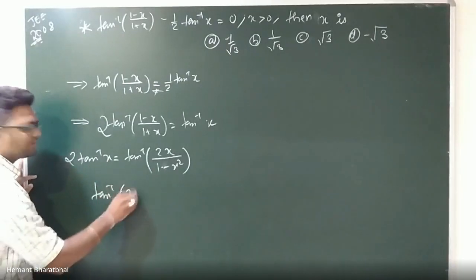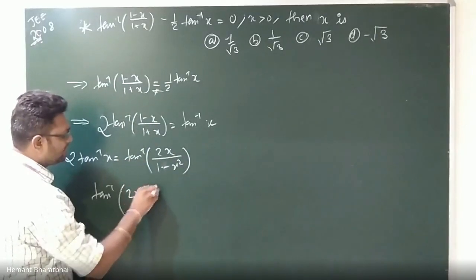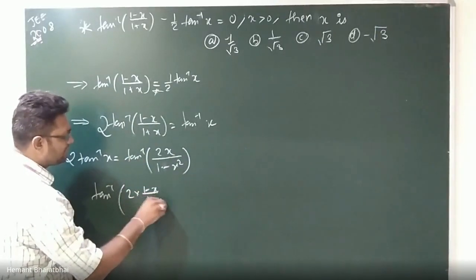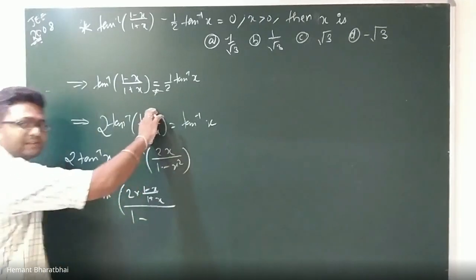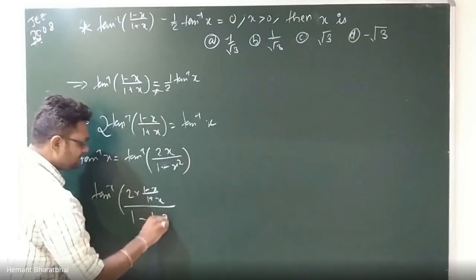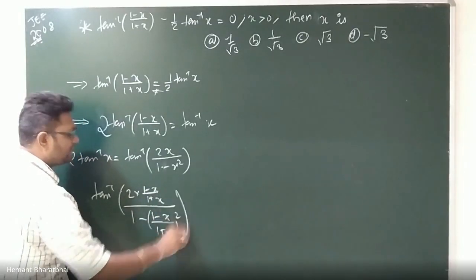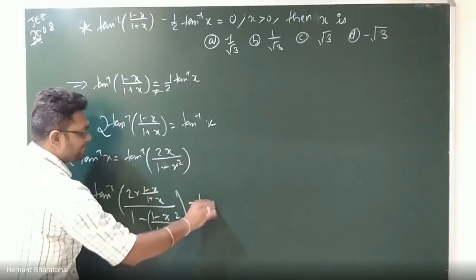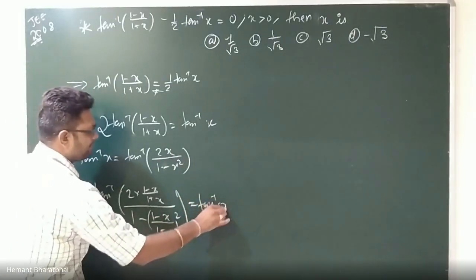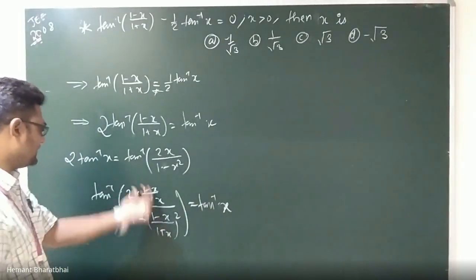Tan inverse of 2 times, instead of x, I have this 1 minus x upon 1 plus x, upon 1 minus, instead of x, 1 minus x upon 1 plus x the whole square, is equal to tan inverse of x. So now my tan inverse will get cancelled.